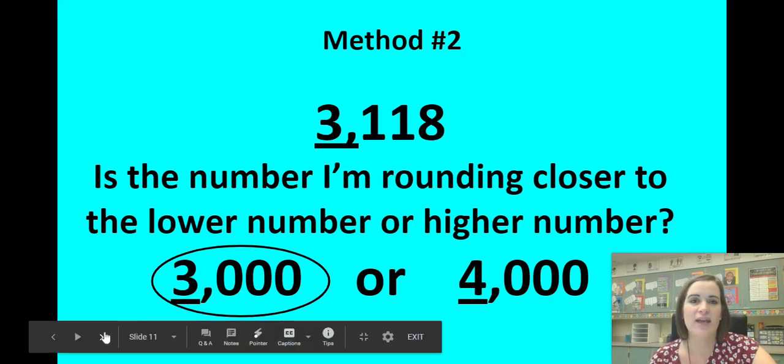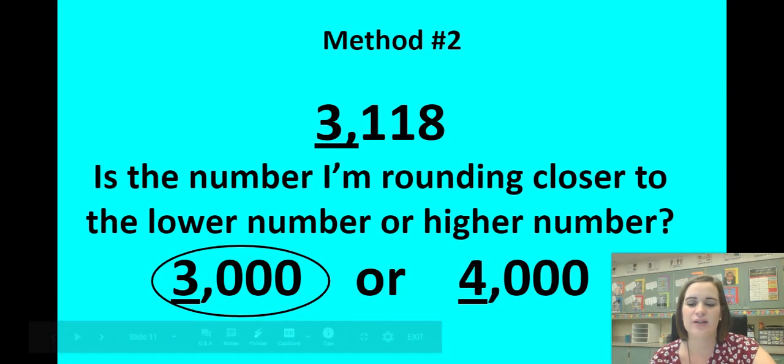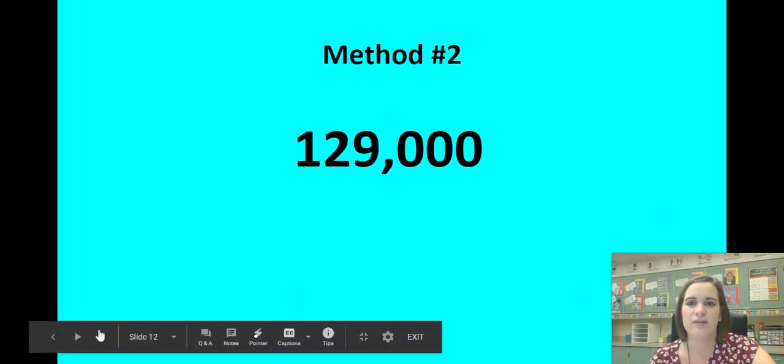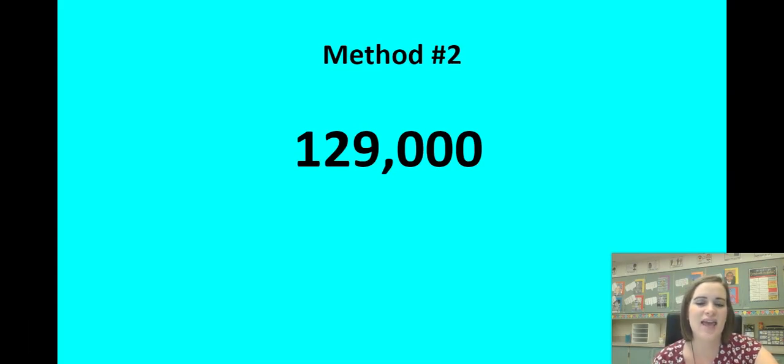Okay, but what if we had a larger number? And we needed to round to the nearest 10,000s. So the number we're working with now is 129,000.